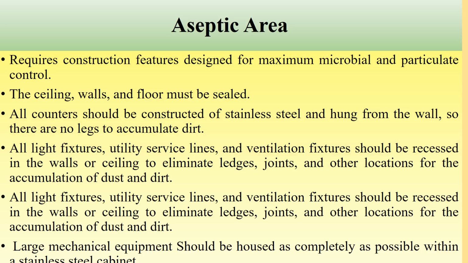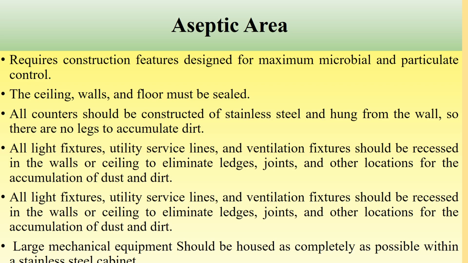Next is your aseptic area. The aseptic area requires construction features designed for maximum microbial or particulate control. The ceiling, walls and floor must be sealed. All the counters should be constructed of stainless steel and hung from the wall, so there are no legs to accumulate dirt.